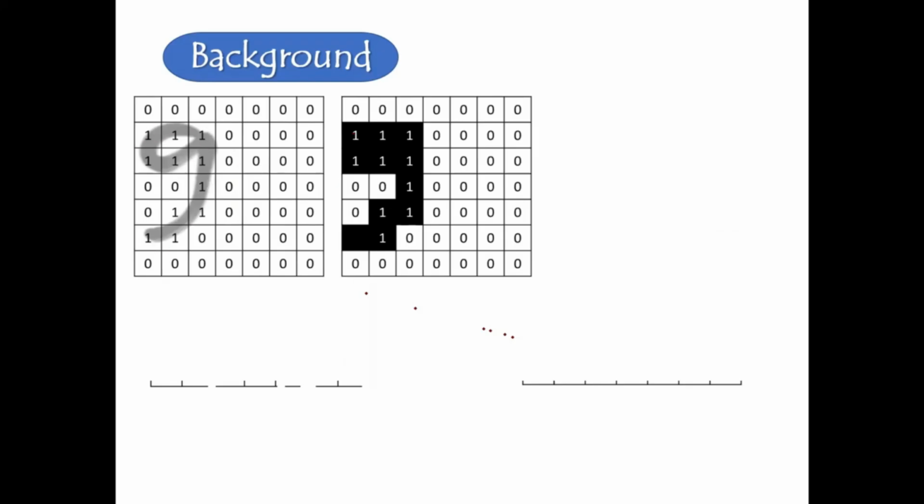So the pattern is the same, but the arrangement of the pixels representing this number 9 is showing different positions, right?